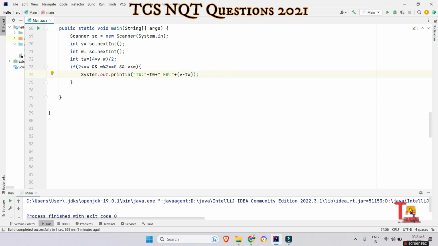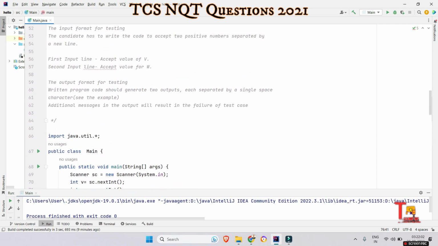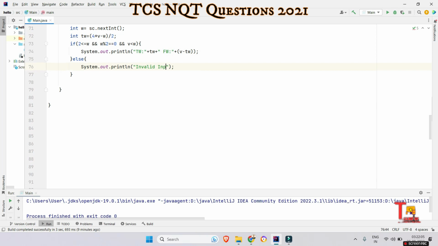So this will return the total four-wheelers, right? And if this is not satisfied, that means the constraints are false, then it should return invalid input.